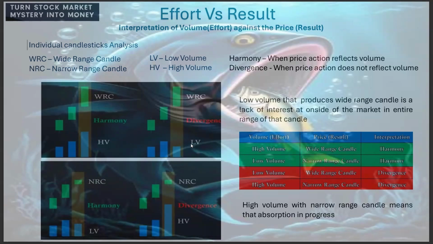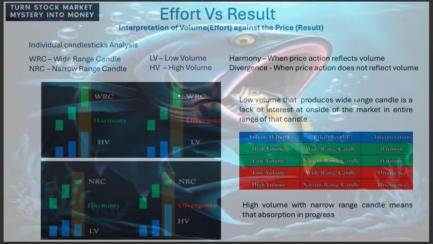What we are seeing here is the low volume can produce higher price movements. But when it is a low volume, it should only produce a narrow range candle. But why is it happening, low volume producing a wide range candle? If you logically think with our demand and supply concept here, it is a least resistance shown in one direction.